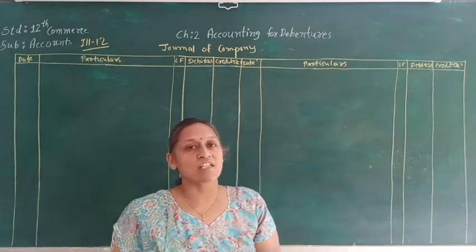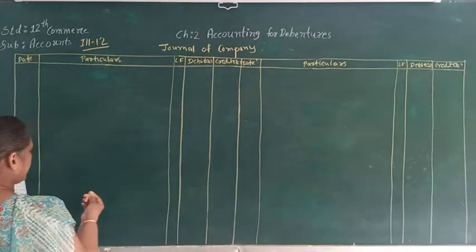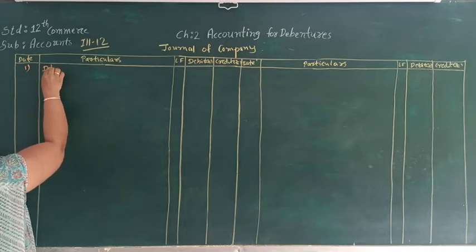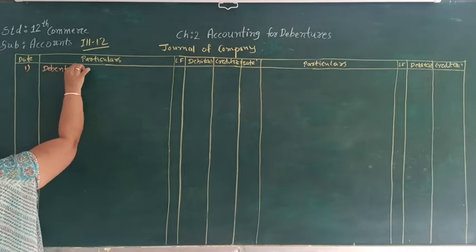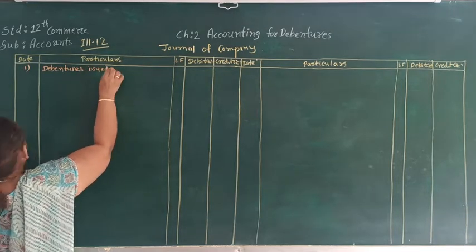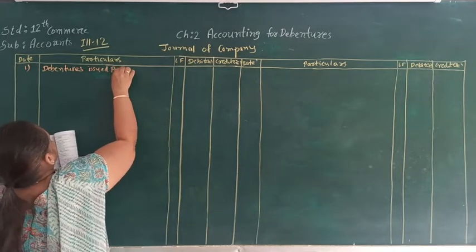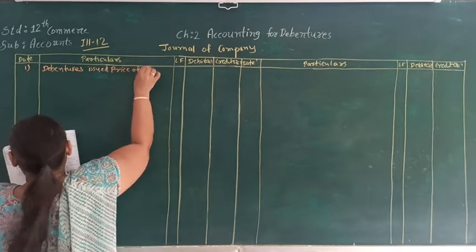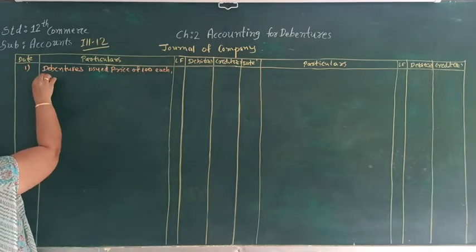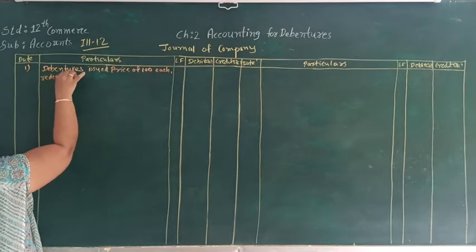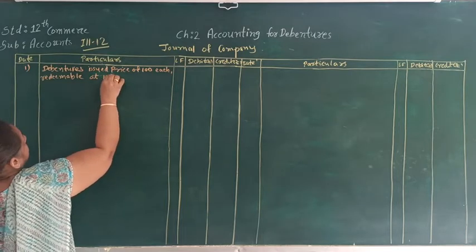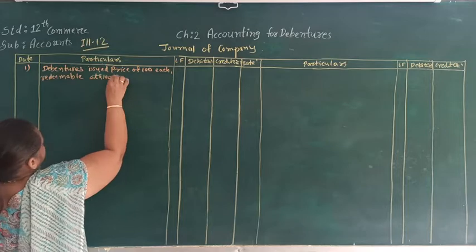So let's pass the journal entry for the first situation, where debentures are issued at 100 each and redeemable at par, that is 100 each.